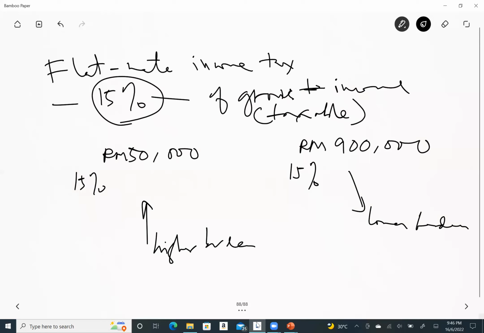So 15% of a higher income will be lower in terms of burden. There is a measure to show that the one with lower income under flat rate tax will be worse off. So we are worse off.